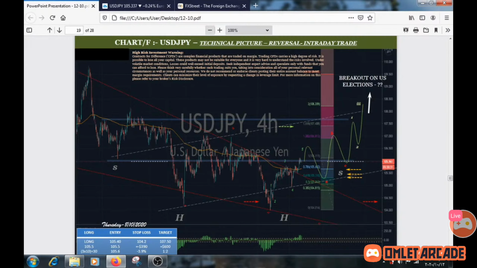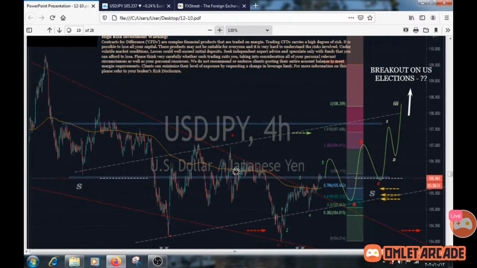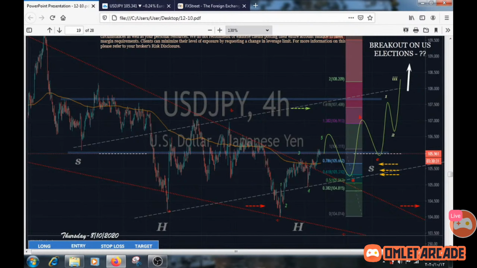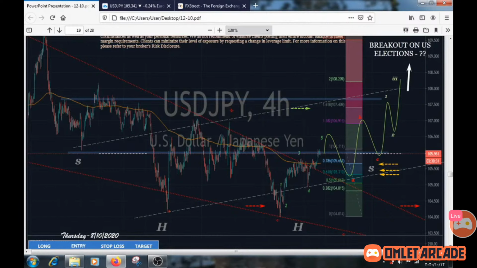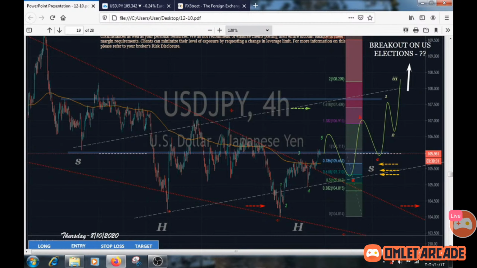We could contemplate to long, of course, at such low levels, because we have to be prepared if things work out for the dollar after the election or during the election. Like I've been saying, we will be seeing 111 and 118. So we were hoping to long 105.30 and even 105.10.